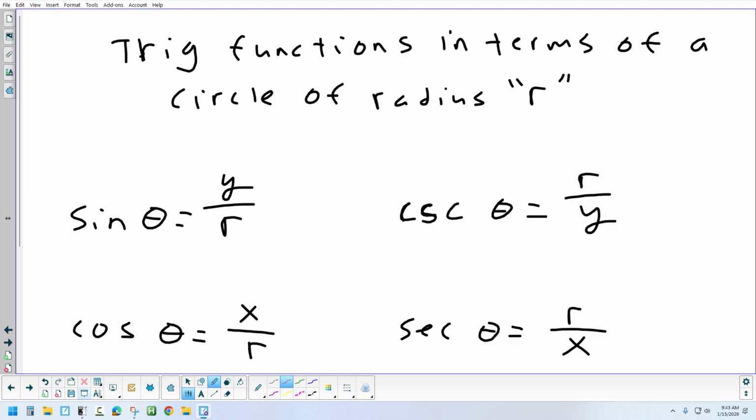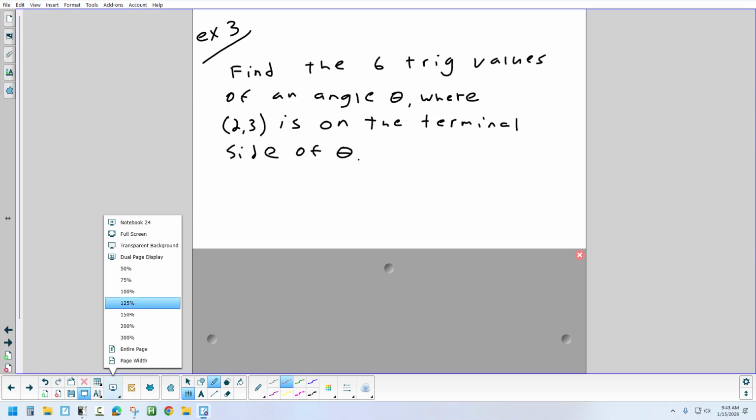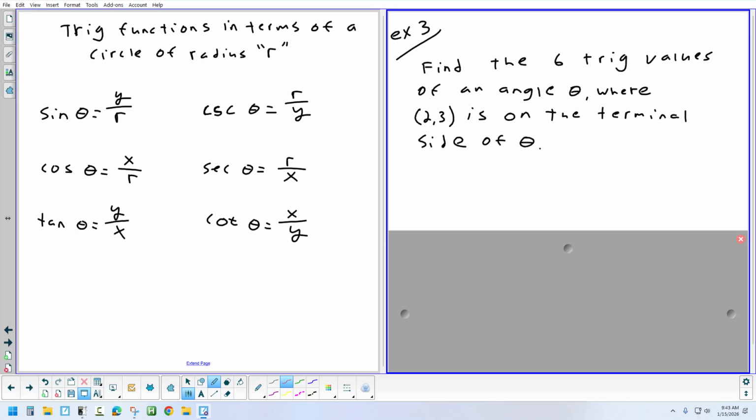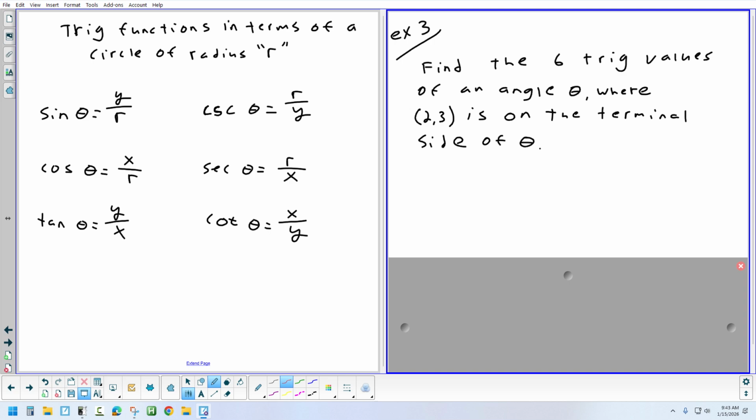So those are all the formulas again, if you want to write them down. So sine, cosine, tangent, cosecant, secant, and cotangent. Okay, so let's see if we can find the 6 trig functions of the point (2, 3).